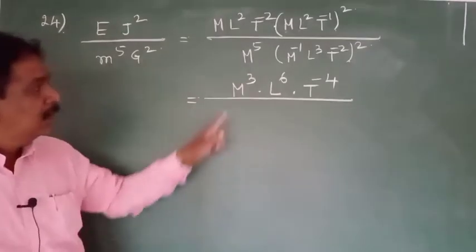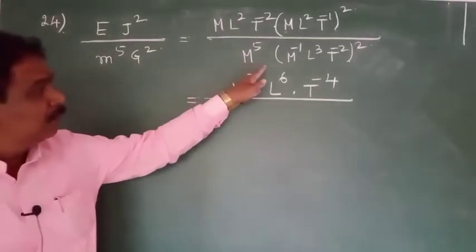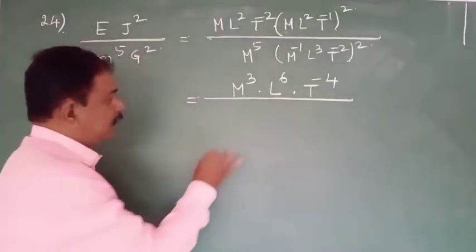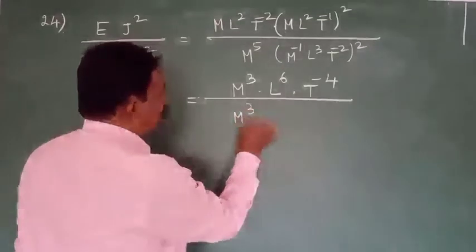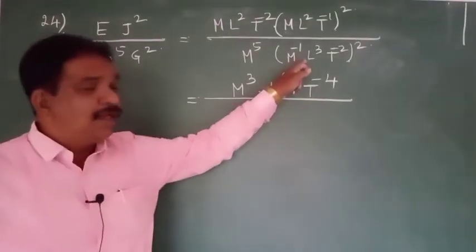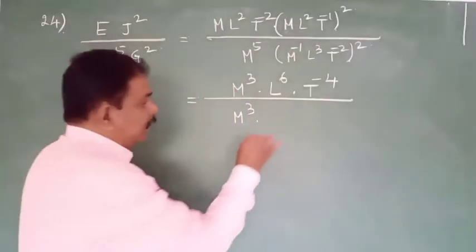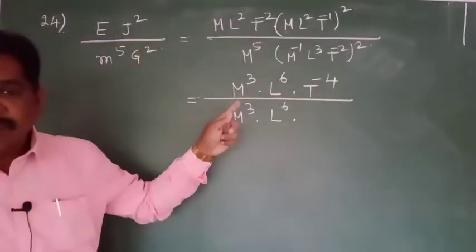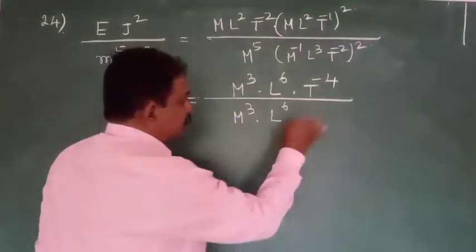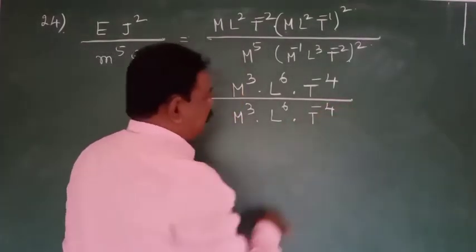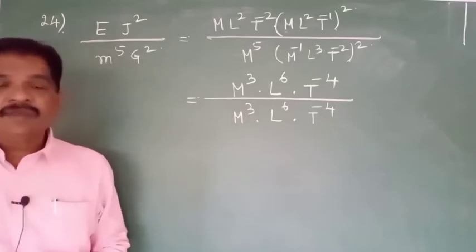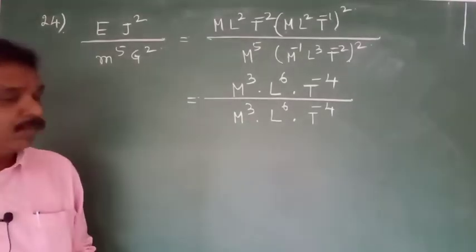Denominator: here M power 5, M power minus 2; 5 minus 2 will be 3, so this is M cube. Next, L cube whole square becomes L power 6. T power minus 2 whole square will be T power minus 4. Clear? So numerator and denominator, we wrote the dimensional formulas.